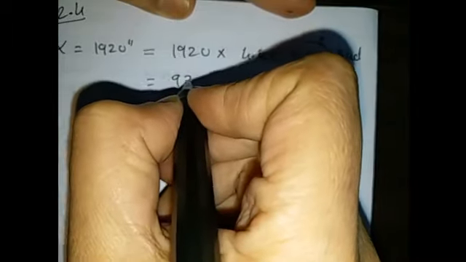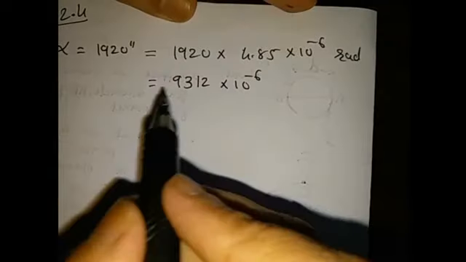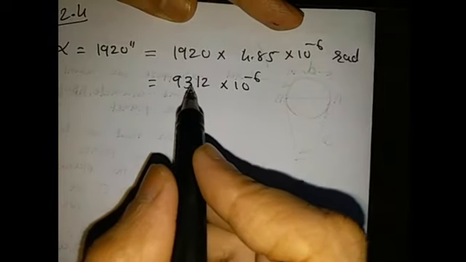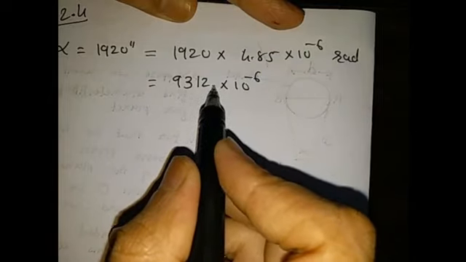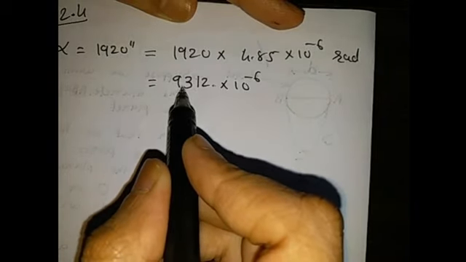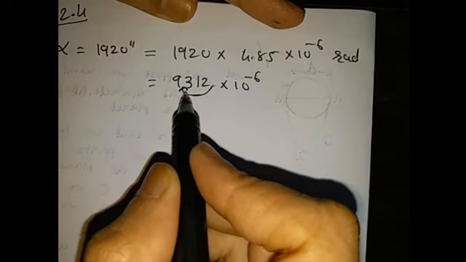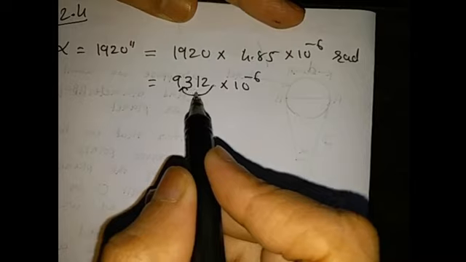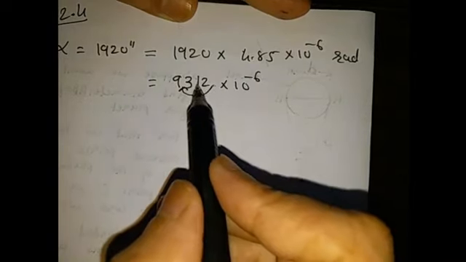Okay, अब ये radian में है, so if I multiply I will get 9312 into 10 to power minus 6, right? Okay, now इसको साइंटिफिक नोटेशन में रखते हैं. सो यहाँ डेसिमल पॉइंट कहाँ हमें समझना चाहिए, यहाँ पर है. साइंटिफिक नोटेशन का डेसिमल पॉइंट कहाँ आता है, after first non zero digit. That means I have to shift my decimal point here. किस साइड पर मूव करना है मुझे, लेफ्ट साइड पर. लेफ्ट साइड पर मूव करना है तो पावर इज टू बी इंक्रीज. कितना इंक्रीज करना पड़ेगा, 1 2 3.